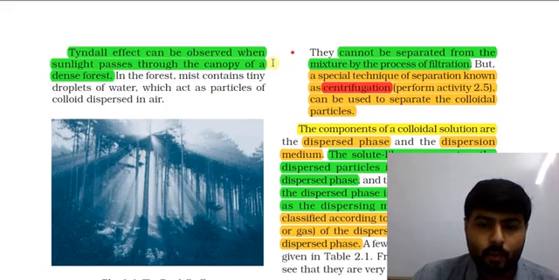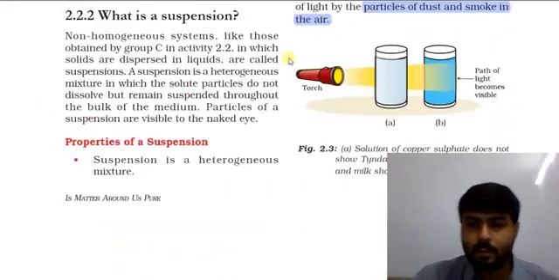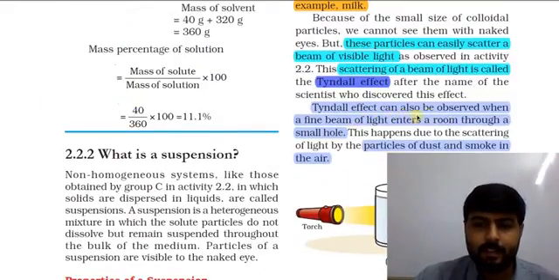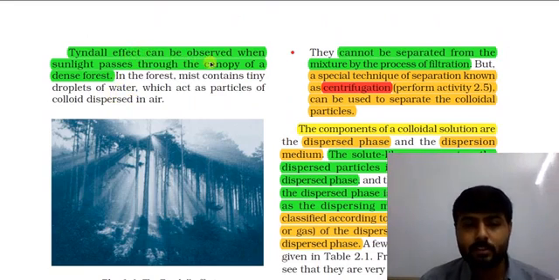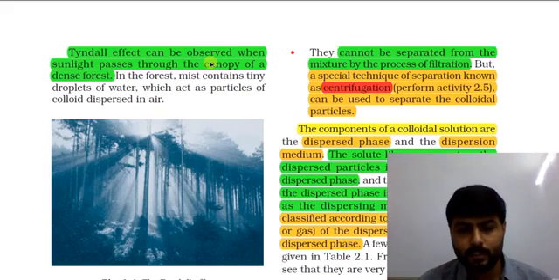Here two examples are given in our textbook for the Tyndall effect. You can find other examples also, but here we have two. First, the Tyndall effect can be observed when a fine beam of light enters the room through a small hole, and another example is that it can be observed when sunlight passes through the canopy of dense forest.